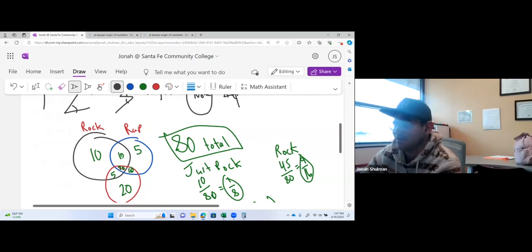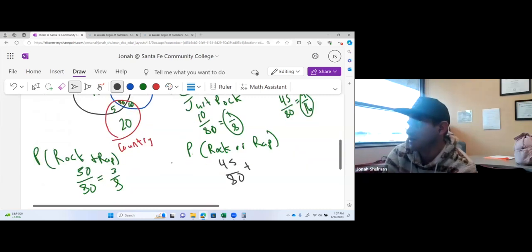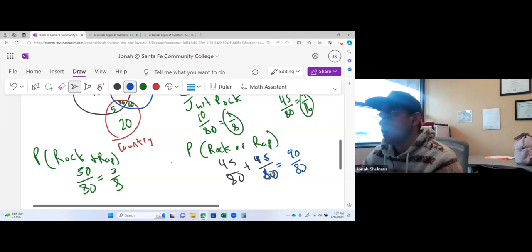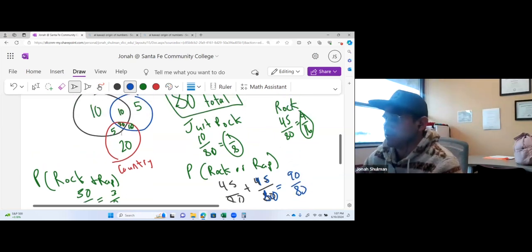The rock is 10, 20, 45, so 45 out of 80. Rap is 10, 20, 45. It's the same, that's wild. The rap is 45 out of 80. That's the blue circle. Notice we got 90 out of 80, too much, because we're double counting the middle.